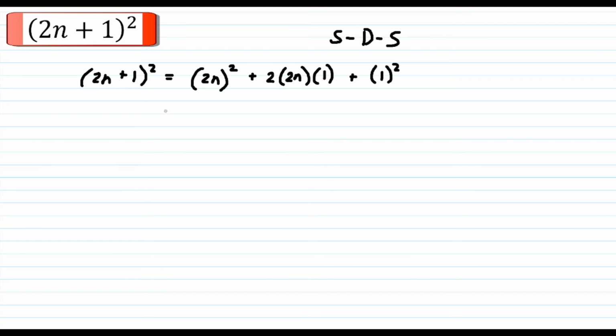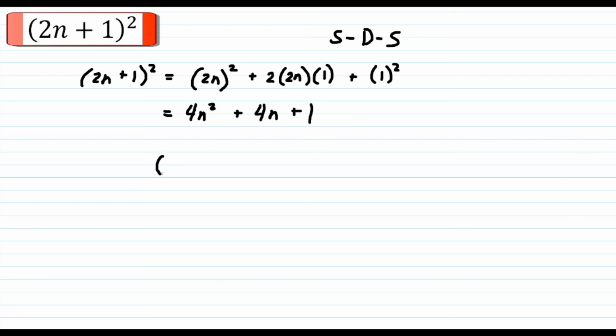Then simplify natin. So 2n squared is 4n squared plus 4n. Simplification, or simplest form ng ating middle term. Then the square of 1 is 1.